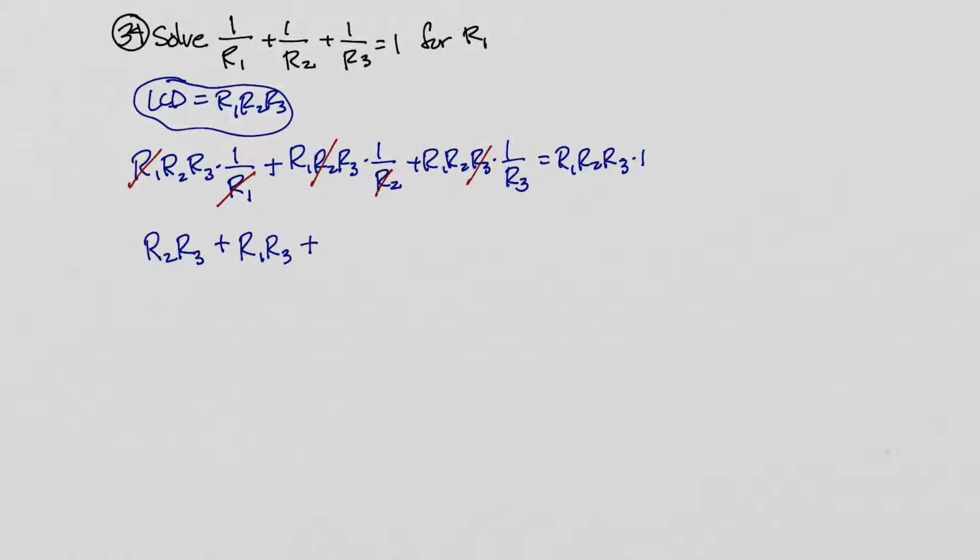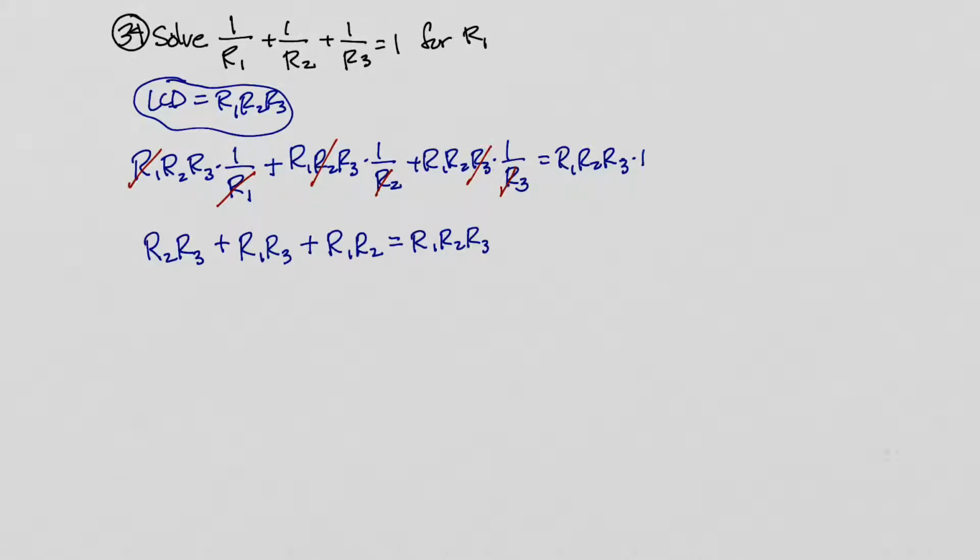Let's do that. And doing so, we're left with 1 times R1, R2, which is R1, R2. Equals, and in this rightmost term, nothing cancels at all, so we're just left with R1, R2, R3 times 1, which is just R1, R2, R3.